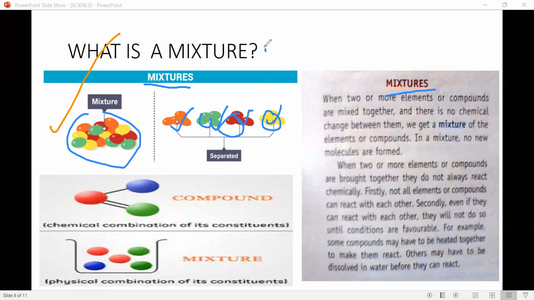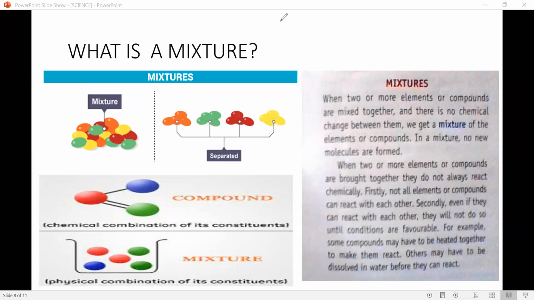For example, you take a glass of water, okay, and then you fill water in it. Let me take a glass of water now, a rectangle. See, I have taken a rectangle glass of water.